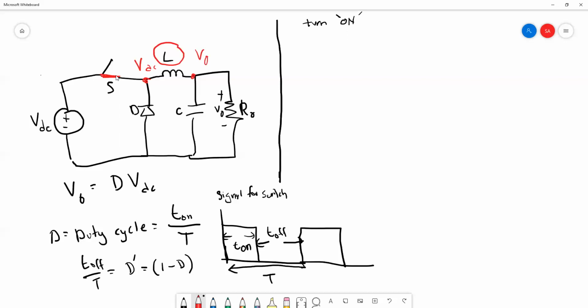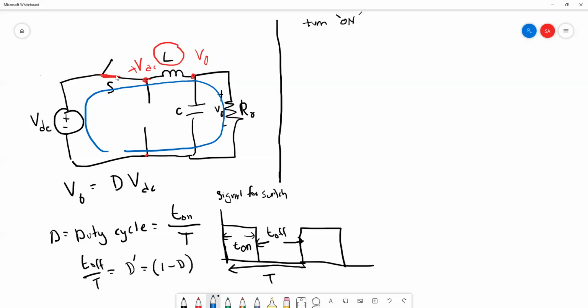Since VDC is much more positive compared to this one, your diode will be reverse biased. So the current will flow from VDC straight to the inductor and the resistor.